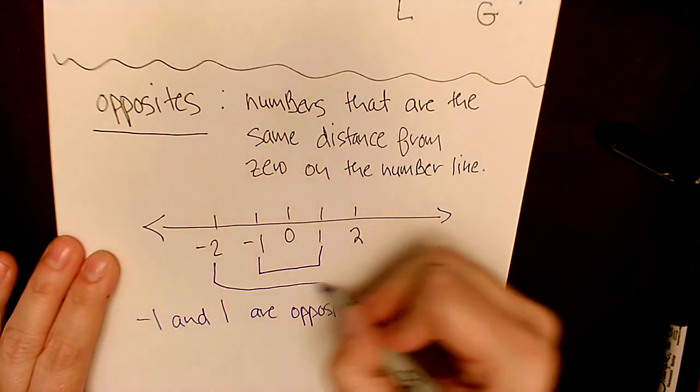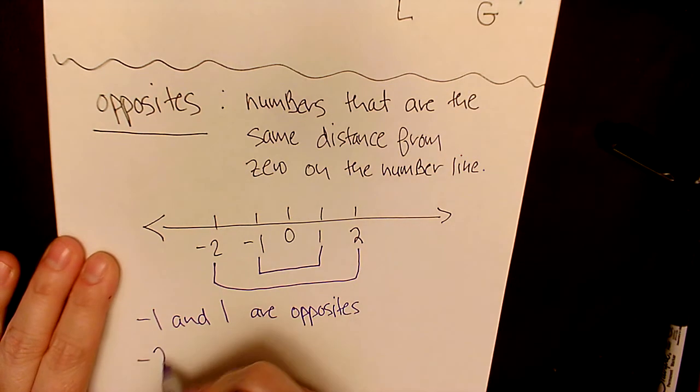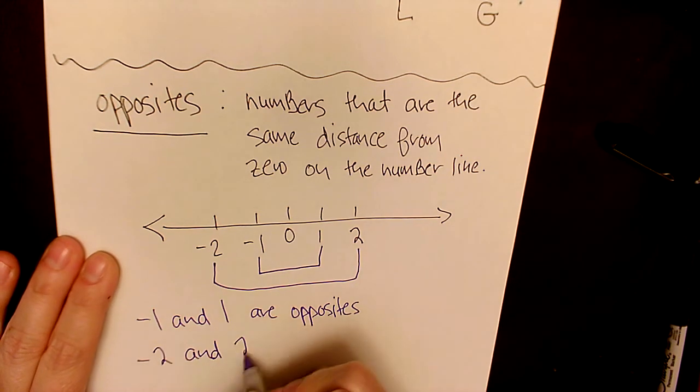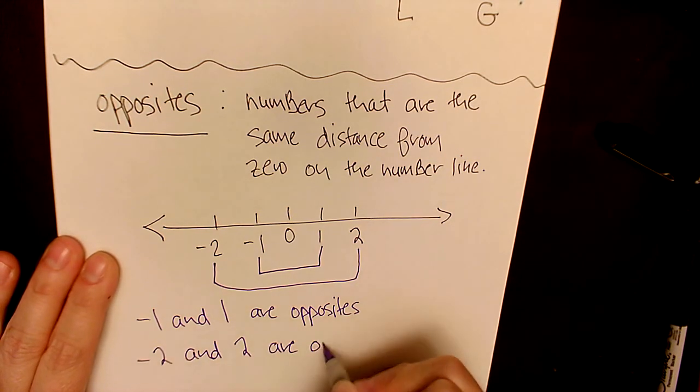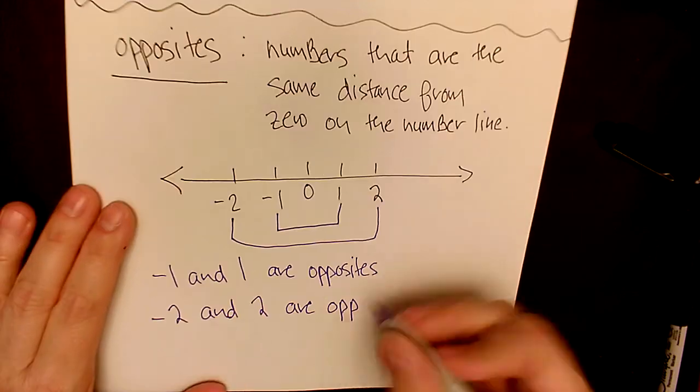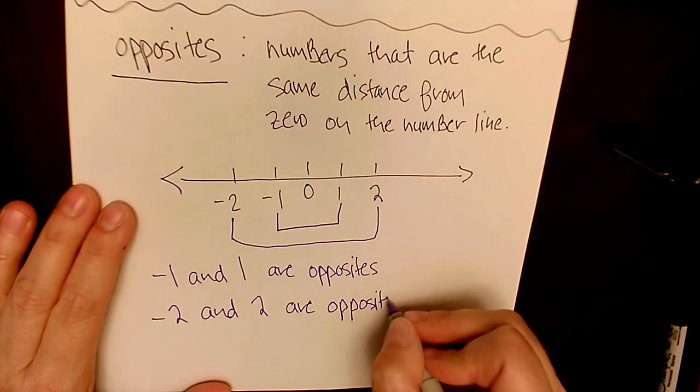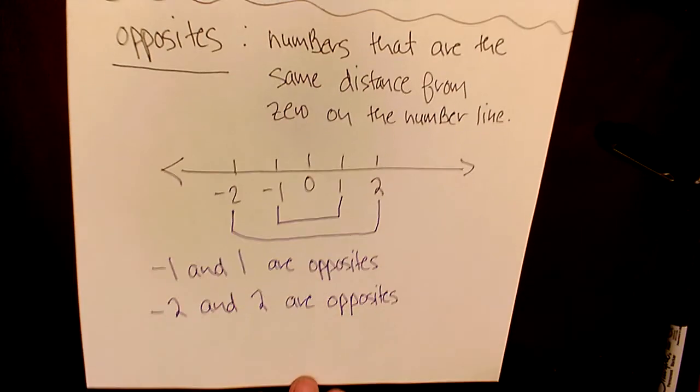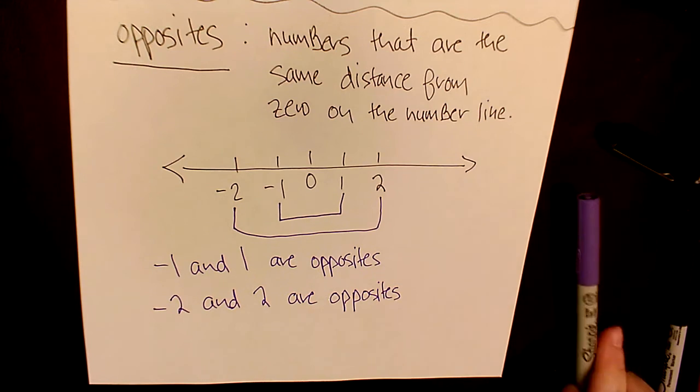And we also say that negative 2 and 2 are opposites. So you do not need to draw these on the number line. They're just going to ask you, what is the opposite of 5? All you have to do is change the sign and say negative 5.